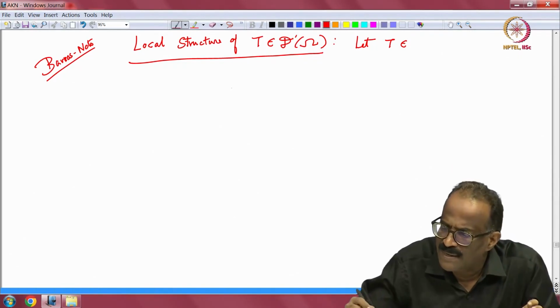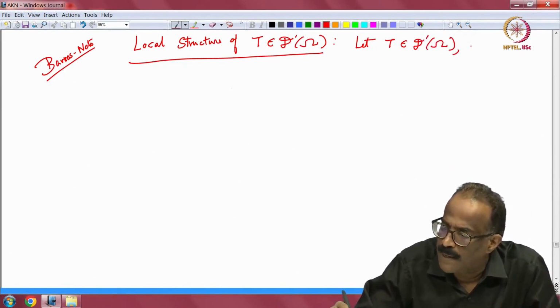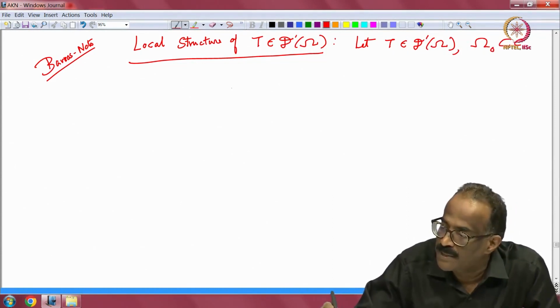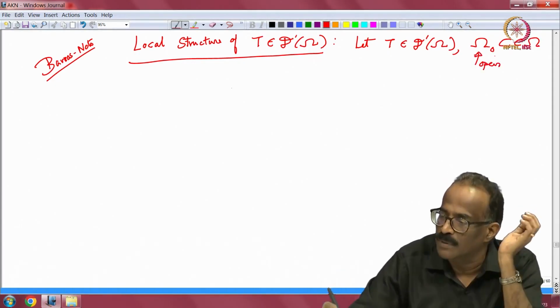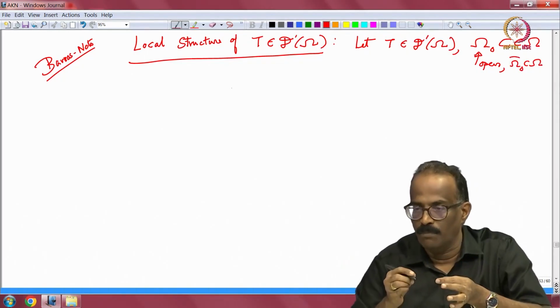So, T belongs to D prime of omega, and omega naught is compactly contained, this is open, and omega naught bar is also contained in omega. So you can't go to the boundary.